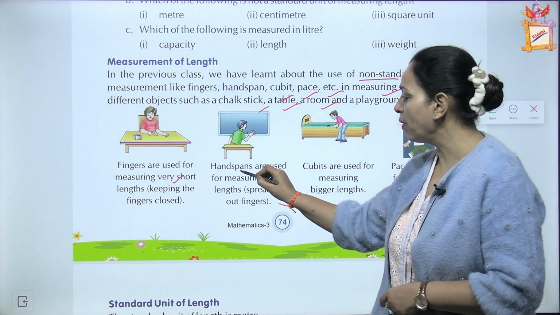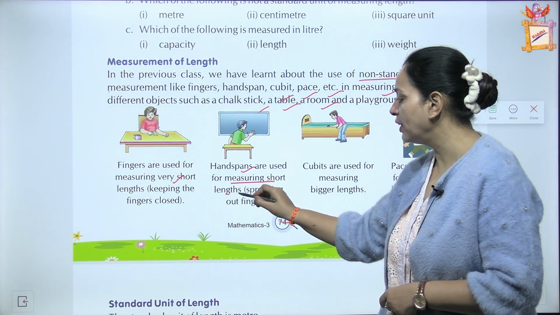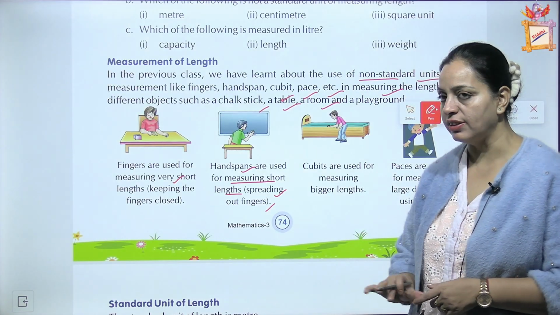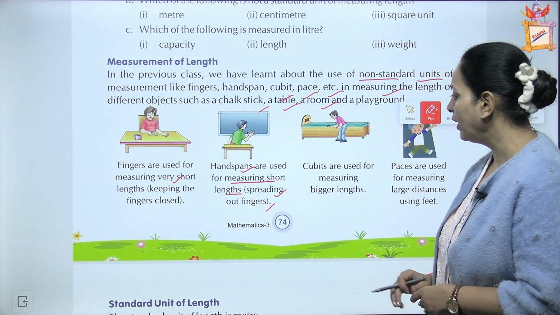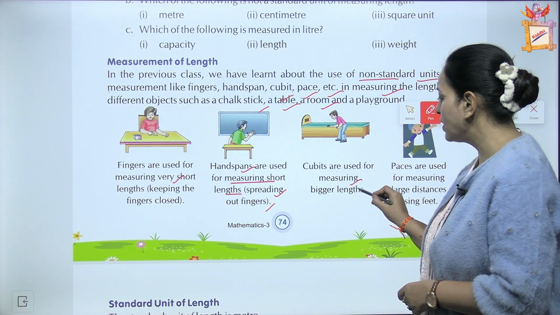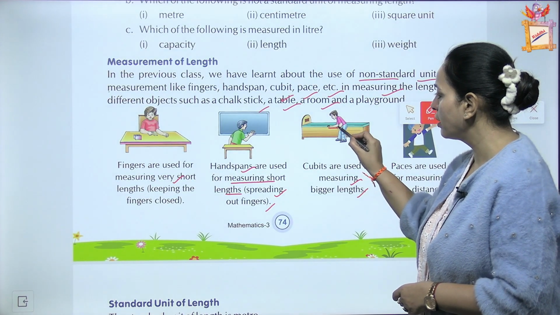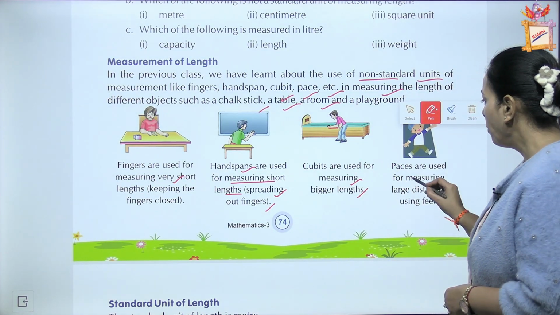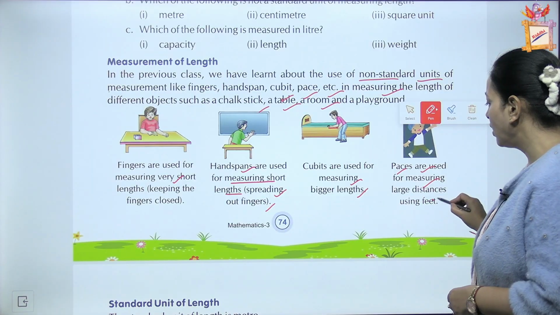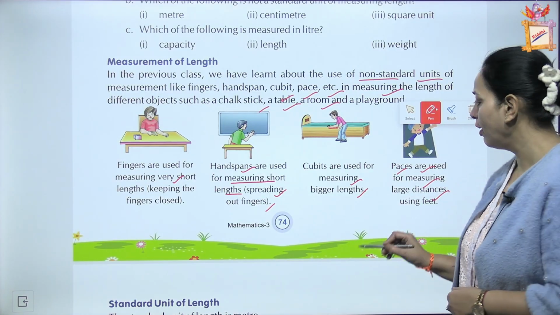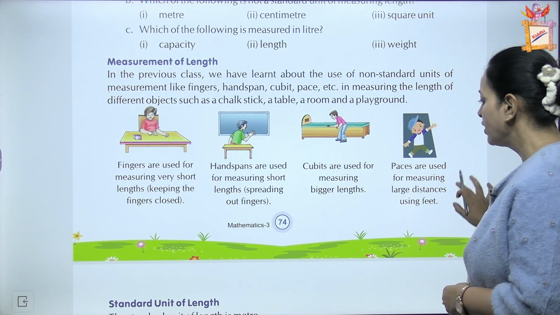Handspans are used for measuring short lengths, spreading out the fingers like this. Cubits are used for measuring bigger lengths. Then paces are used for measuring large distances using feet, right?